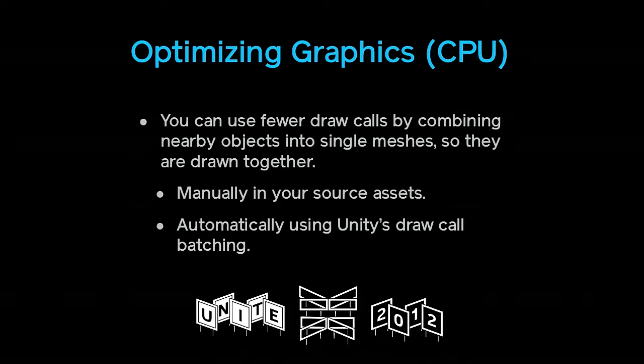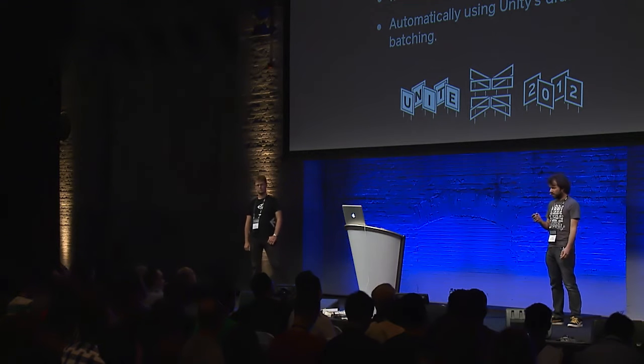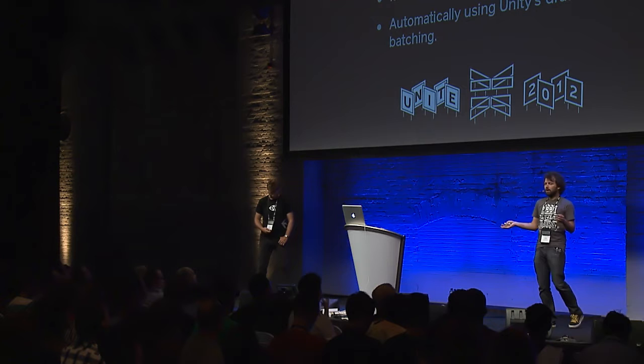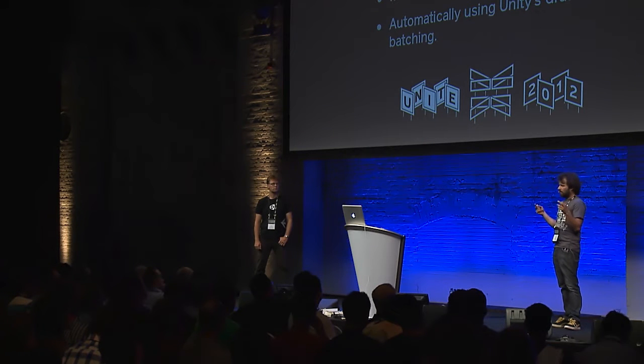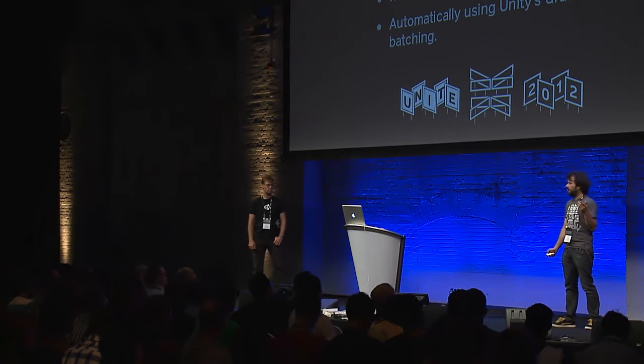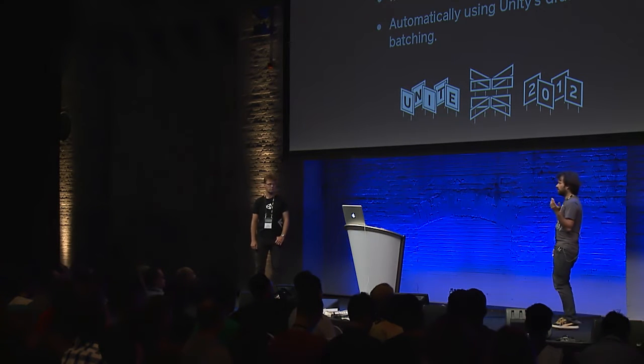You can do this either manually in your source assets by making sure that your models contain as few separate meshes as possible. But Unity can also take care of this automatically. It has static and dynamic batching. Static batching, whenever it loads a scene, will combine all the meshes marked as static into bigger combined meshes. And the dynamic batching essentially does the same for dynamic objects as they're being rendered.